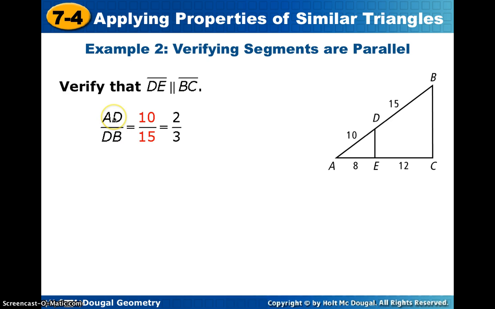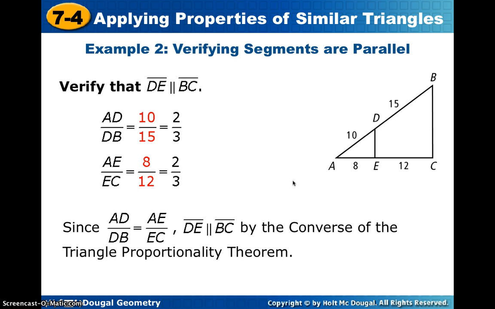So AD over BD is 10 over 15, that reduces to 2/3. Also, AE over CE is 8 over 12, that also reduces to 2/3. So since the two ratios are equal to each other, the lines DE and BC must be parallel by the converse of the triangle proportionality theorem.